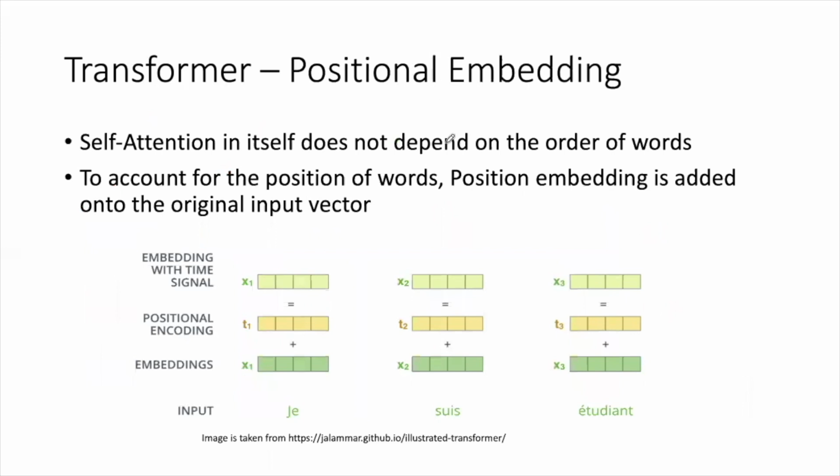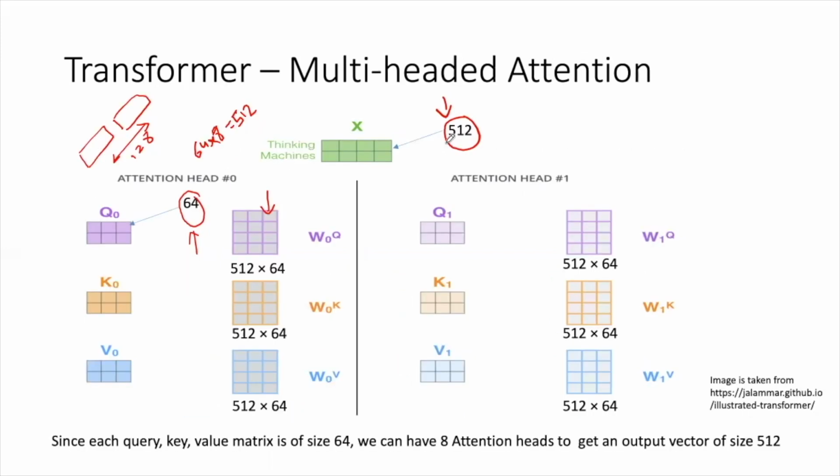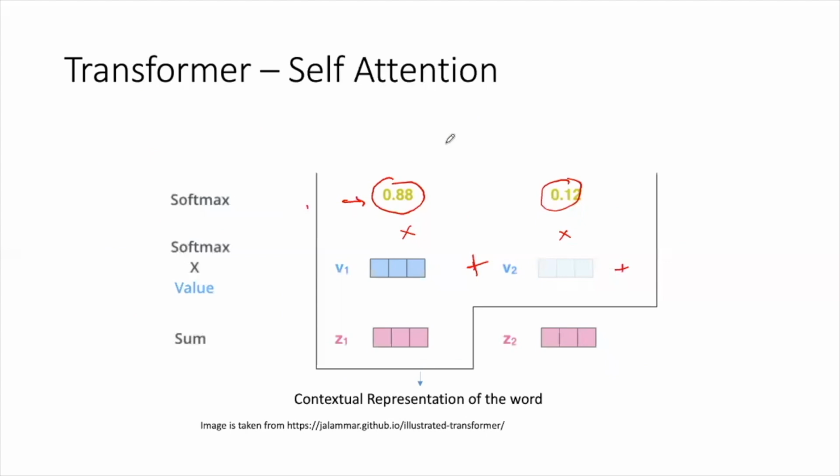Now coming to positional embedding. The self-attention that we saw earlier, in itself, does not depend on the order of words. In the previous slides, when we saw how self-attention is computed, we haven't noticed any operation that depends on the position of the words.